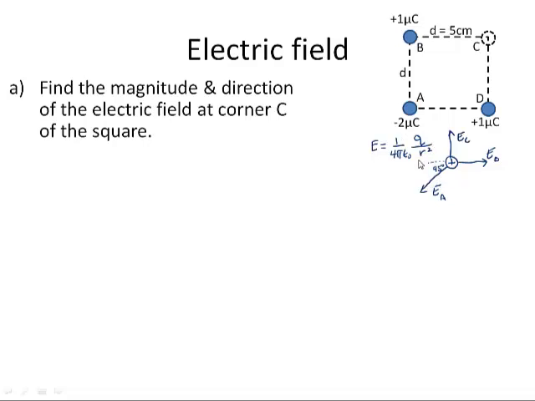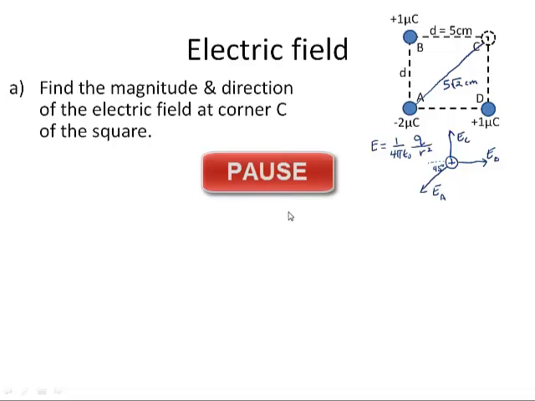We're going to use this formula for each one of these, taking note that the R value for the electric field due to A has to do with this particular distance, which will be 5 square root of 2 centimeters, using what we know about the 45, 45, 90 triangle.